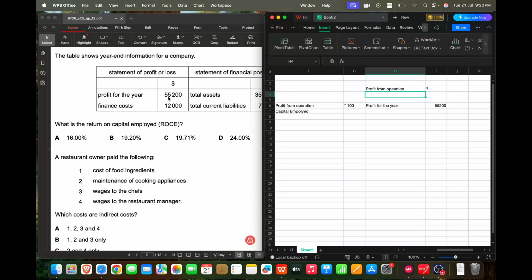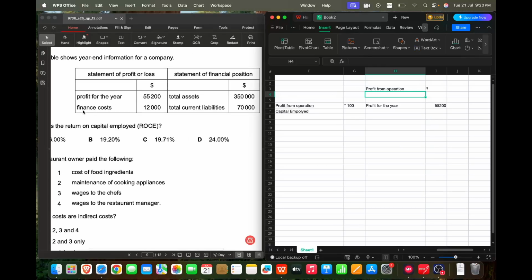Tax information is not given in the question, but the finance cost is given, which is basically interest, and it is 12,000. So from this amount we subtracted 12,000 and got 55,200.